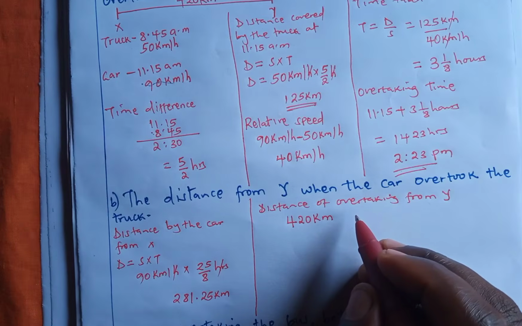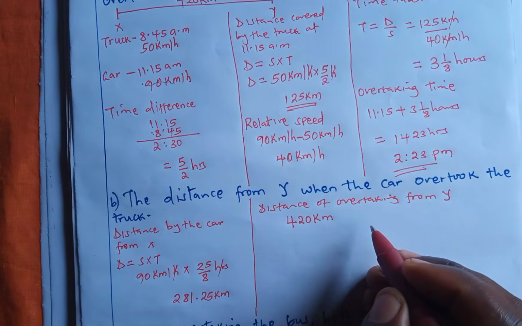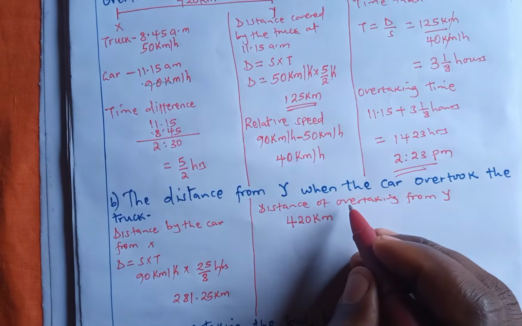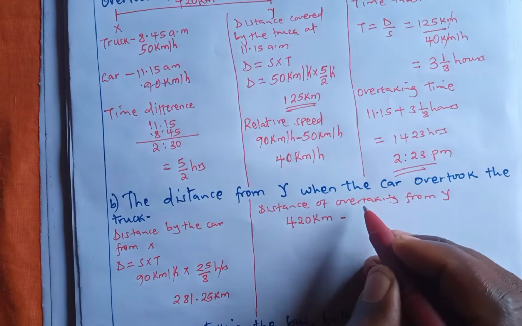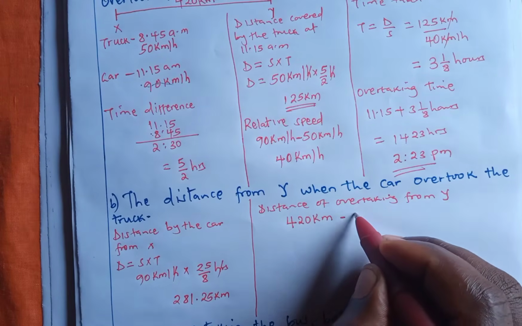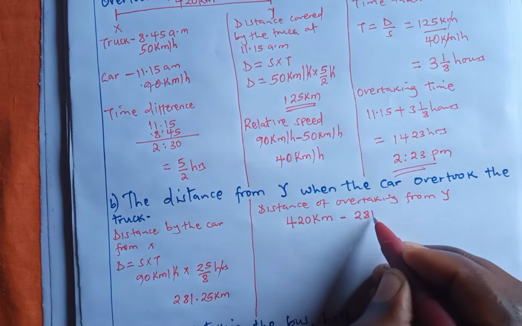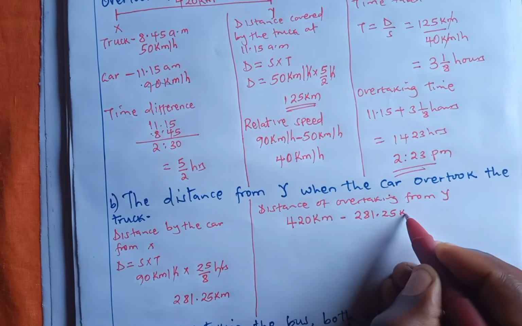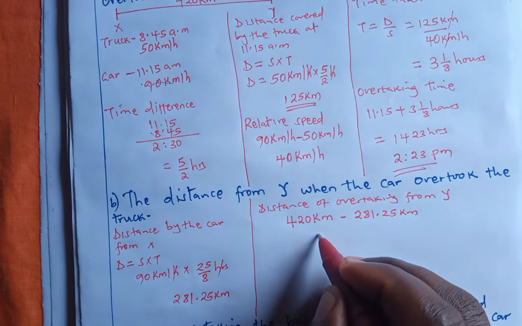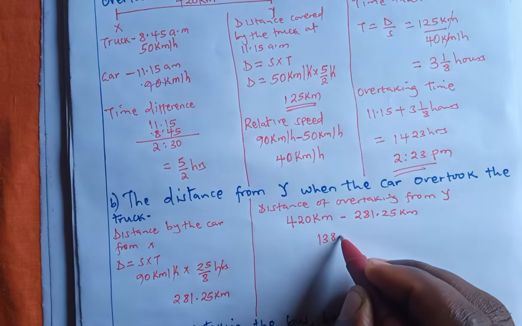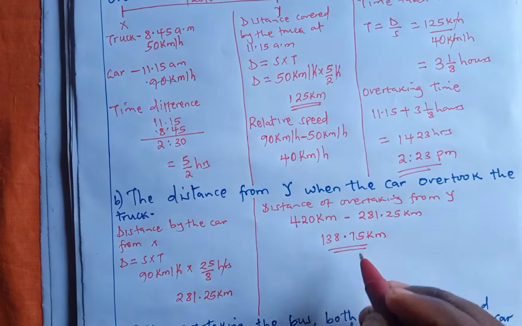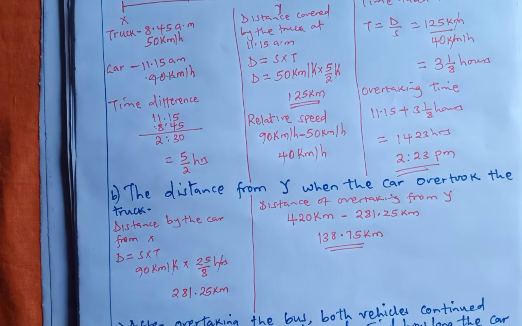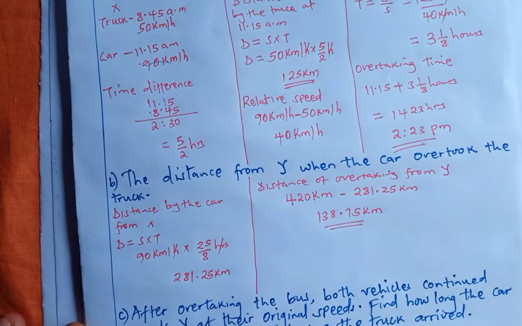Already the car has covered 281.25 kilometers. The amount of distance that is remaining is 420 take away 281.25 kilometers, to get a distance of 138.75 kilometers. So this is the distance that was remaining.